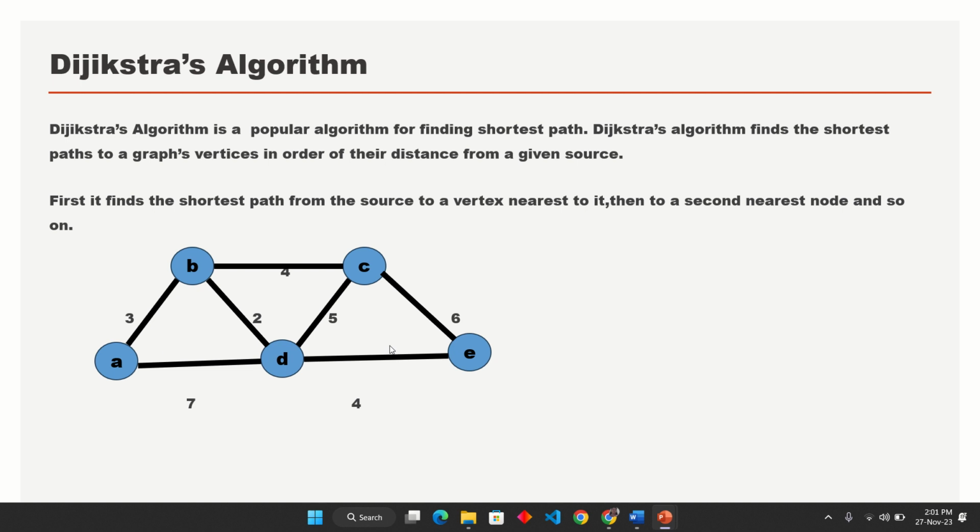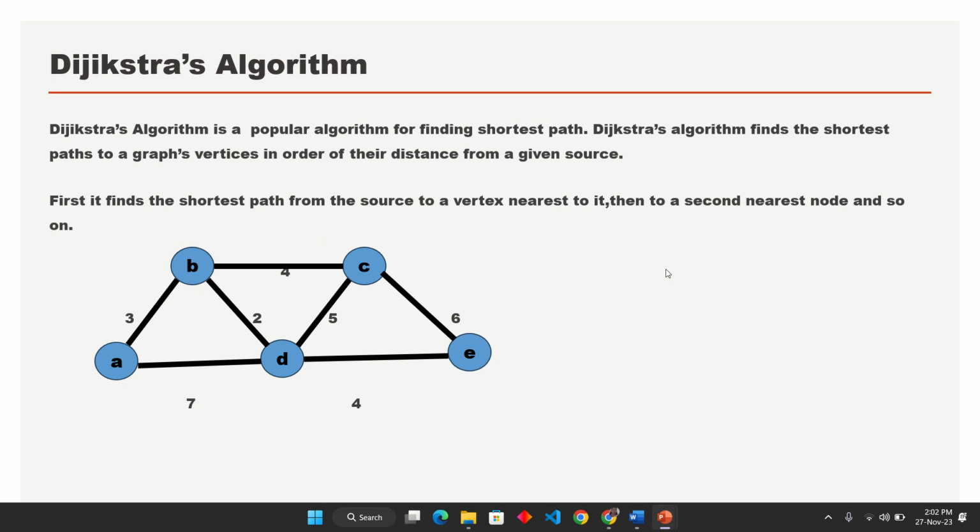For example, let us consider the graph given below. Here the source vertex is E and the destination vertex is E. So we are going to calculate the shortest path: either you travel through A, B, C to E, or A, B, G to E. Which one is the shortest? By using the Dijkstra algorithm, we are going to calculate that.